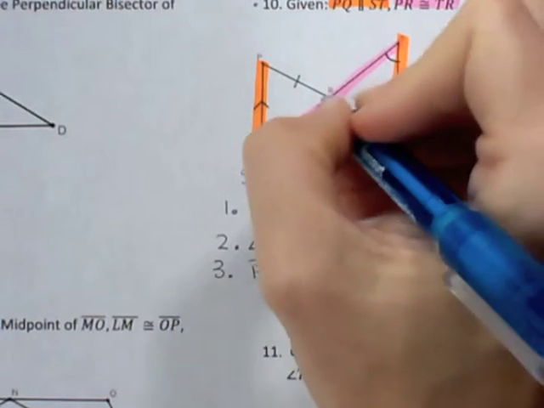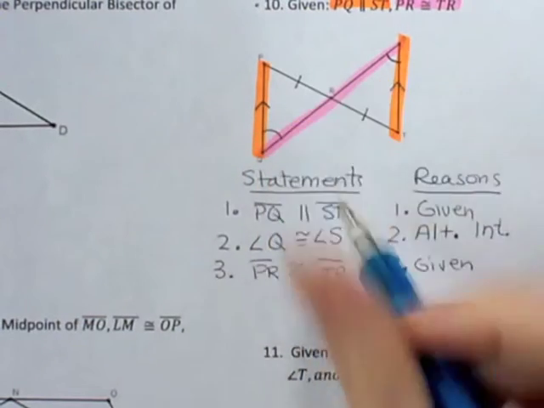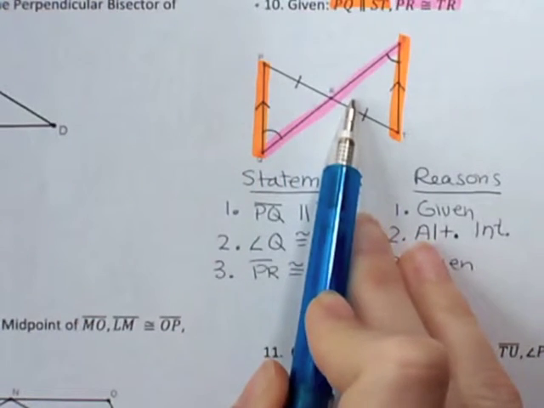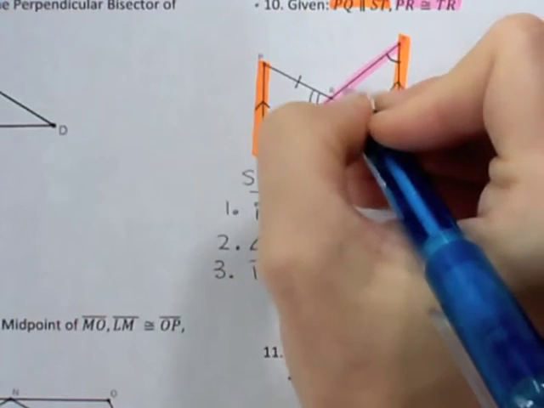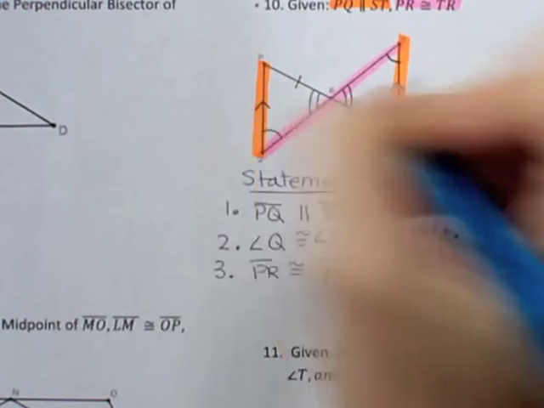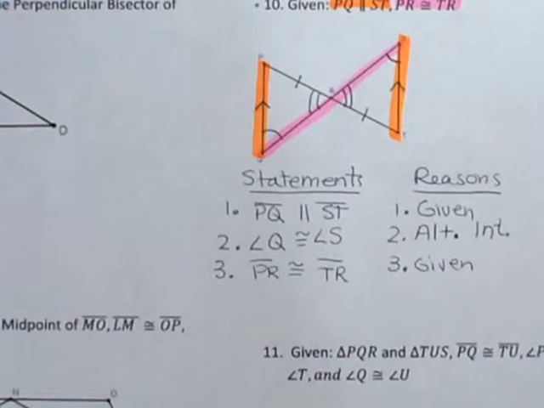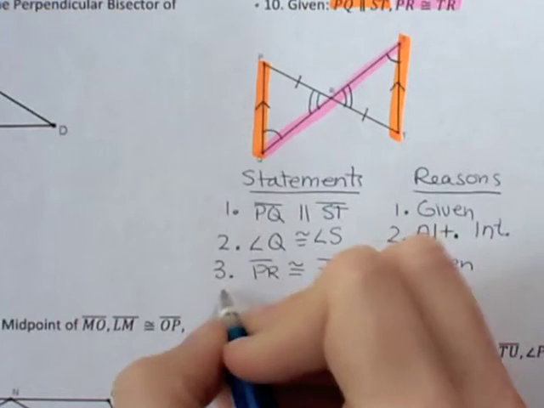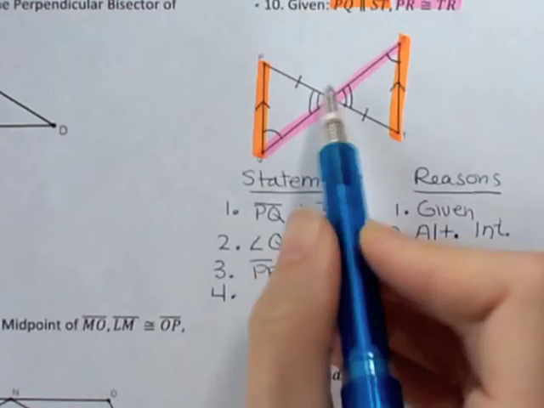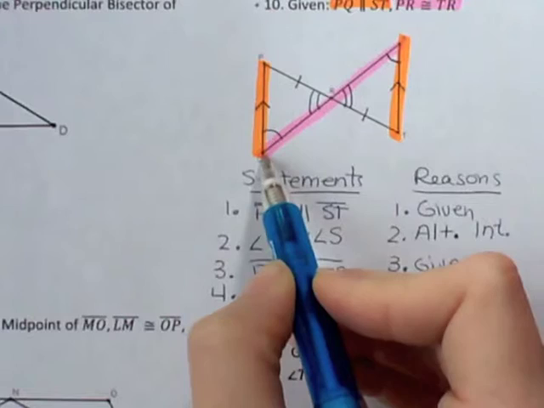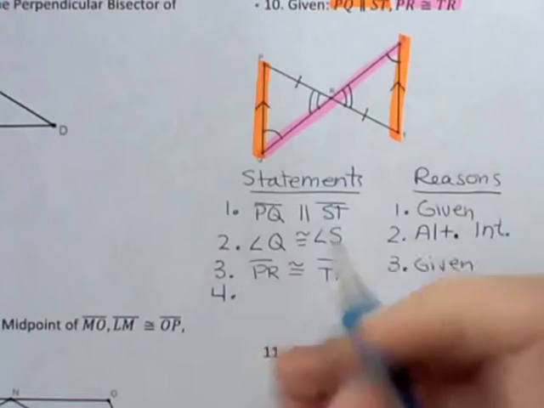And I know these two angles that are right across from each other have to be congruent. So we can go ahead and mark those, and they should have two angle marks since we've already used one angle mark. And so now we need to name those angles in each triangle. So angle QRP.